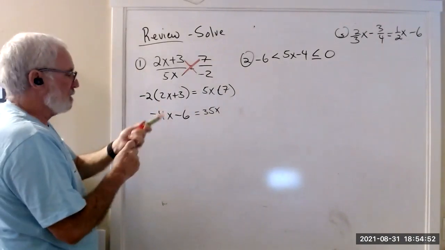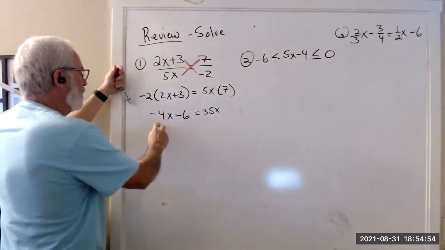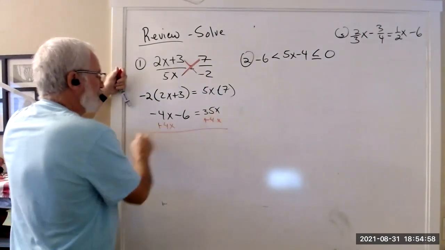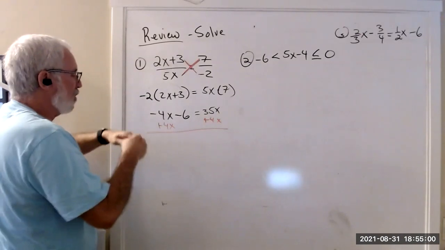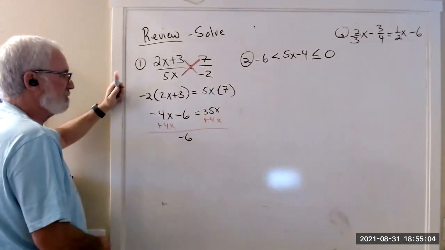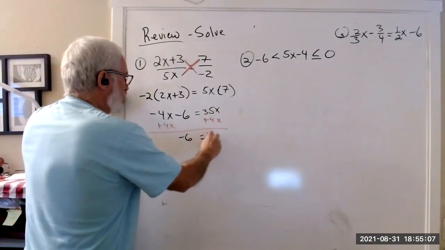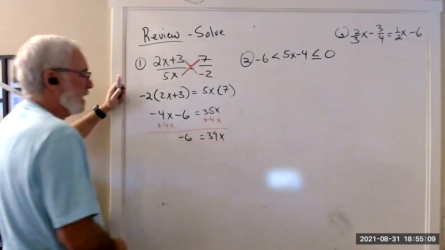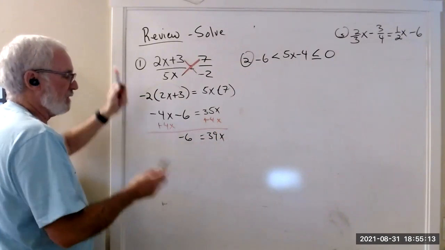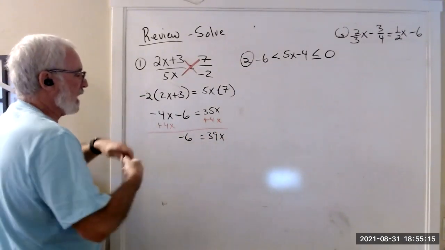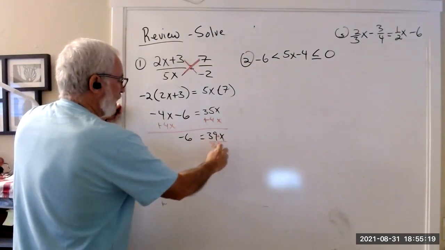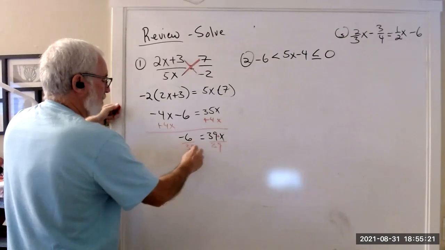So it seems to me more efficient in this problem to add 4x to both sides, and that'll leave all my numbers, in this case negative 6 on the left-hand side, and this will be 39x on the right-hand side. Okay, that's cool. Get x alone, the 39 is multiplying, so we're going to divide by 39, 39.